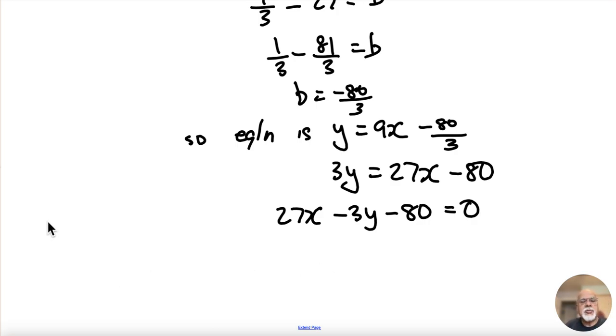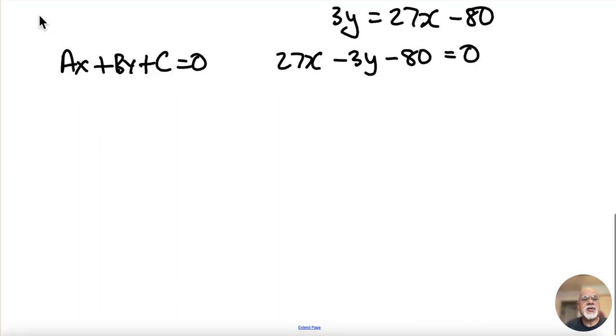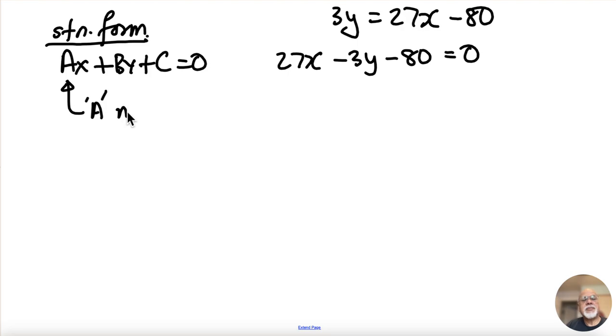A requirement for standard form, in case you don't remember, is ax plus by plus c equals 0. And then there are some requirements of this form. One is that a must be positive. That's why I left the 27x there and brought the 3y over, to keep the 27 positive.